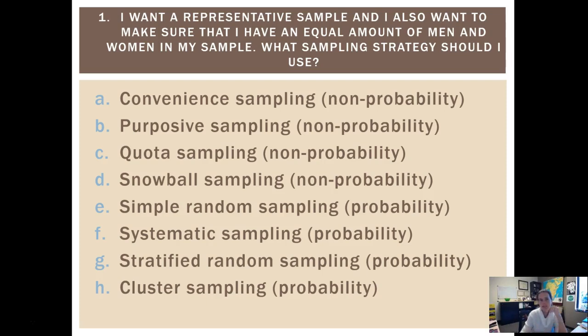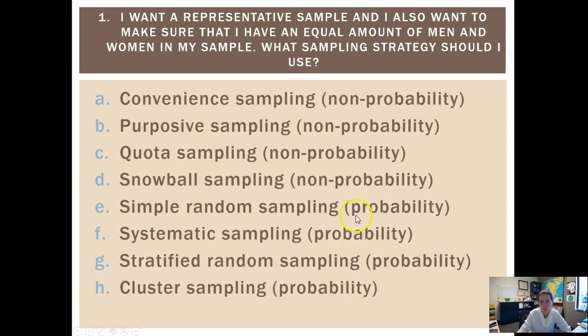So when you look at this, the key words are that you want it to be a representative sample. If you want it to be representative, it has to be probability sampling. So that automatically rules out the top 4 options.